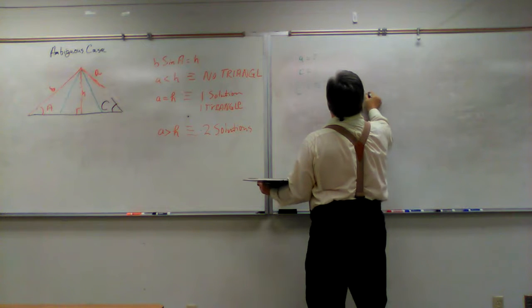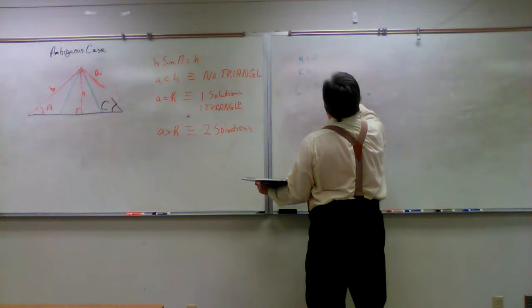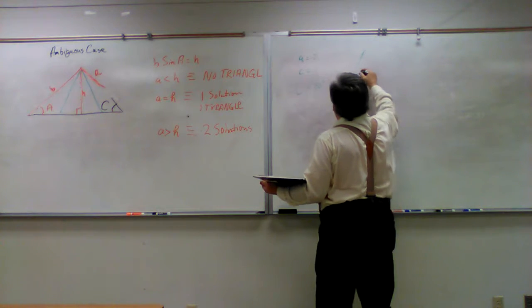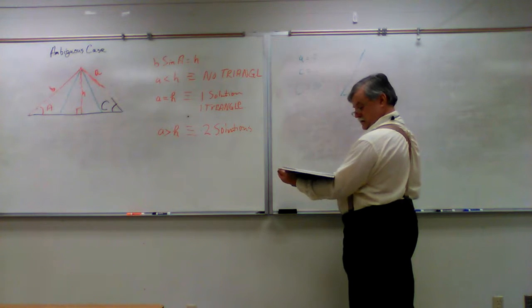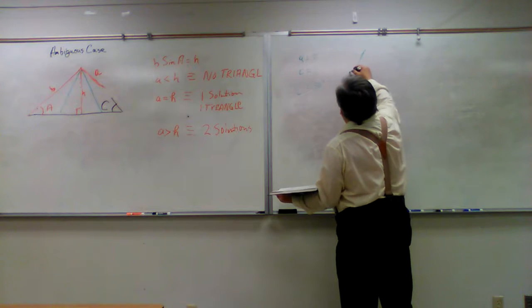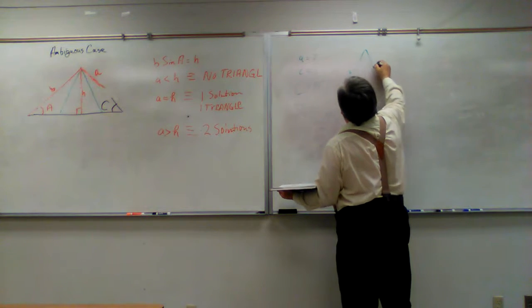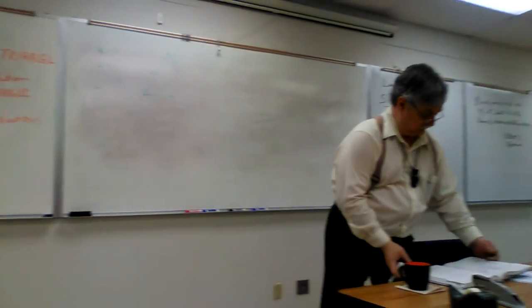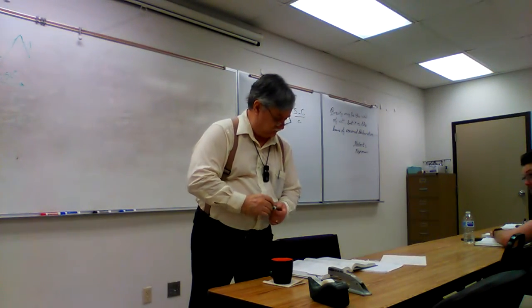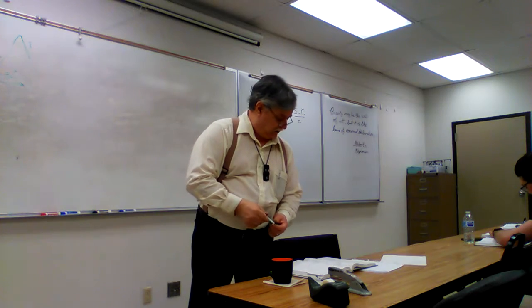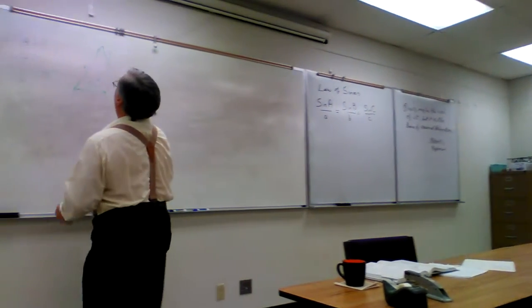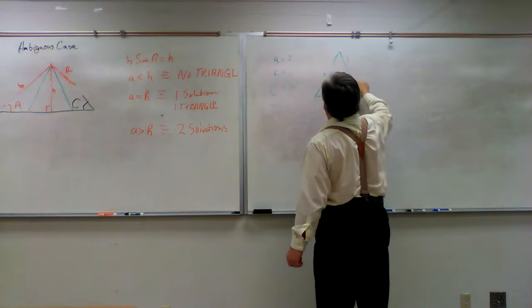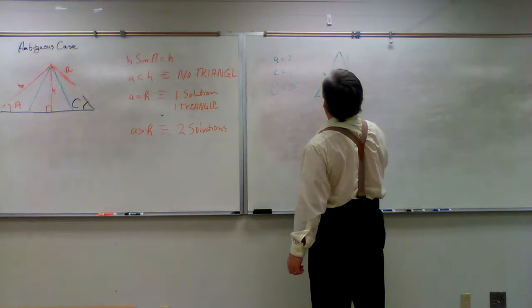So, we've got 50 degrees. A is equal to 2, C is equal to 1. We don't know this angle, we don't know this angle, we don't know this length.